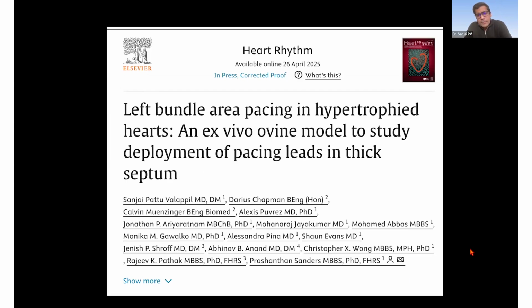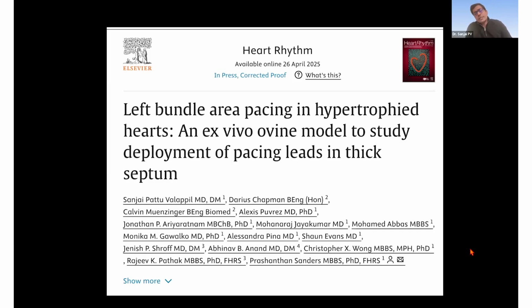So we aimed to look at the biomechanics of the lumenless lead and the other stylet-driven leads in thick septum. The initial plan was to actually do a cadaver model, get a patient with hypertrophic cardiomyopathy and a cadaver, and look at lead biomechanics like how Marek had done with normal heart. Unfortunately, it was difficult to source cadavers here.